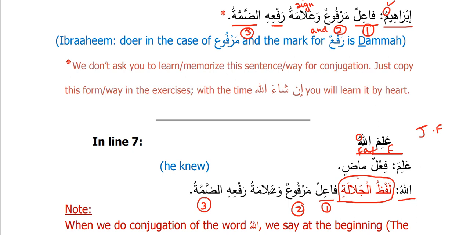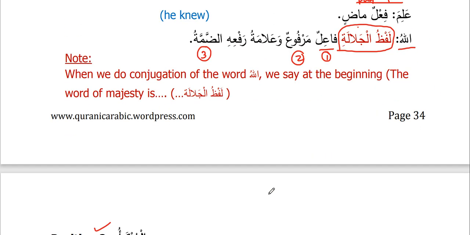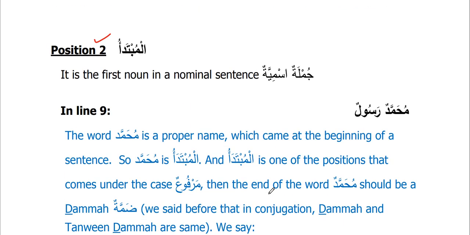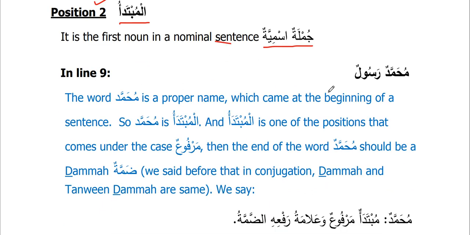So now we will come to the next position, that is the mubtada. And now you remember mubtada and khabar we find only in jumla ismiyyah. So now we will do mubtada and khabar together. Here is the example. We have this jumla ismiyyah. Why? The starting is mubtada. Now, immediately after mubtada, what will we search for?